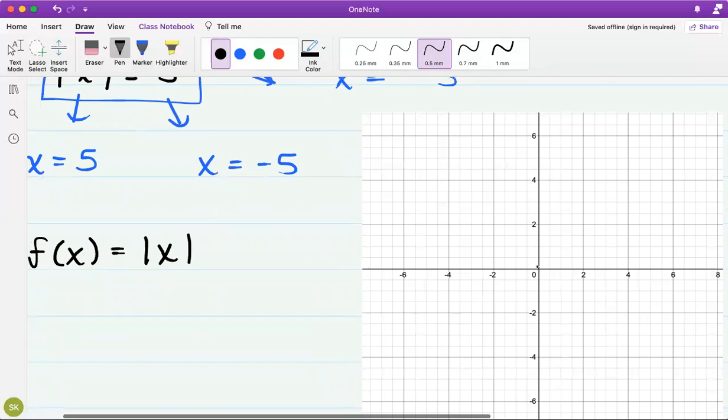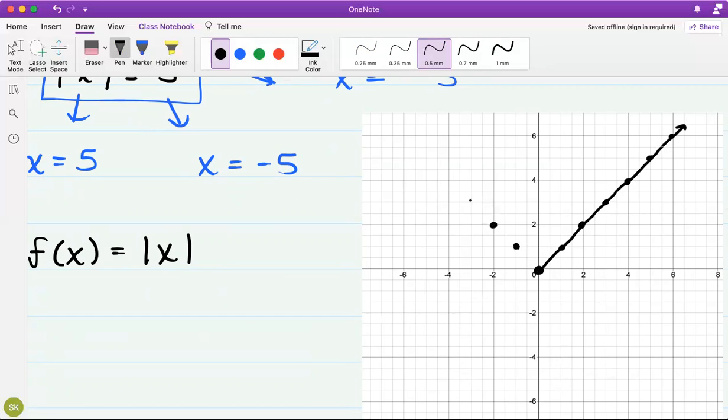It goes through the origin 0, 0. It goes through 1, 1, 2, 2, 3, 3, 4, 4, and so on. And it also goes through -1, 1, -2, 2, -3, 3, and so on. So it's a perfectly shaped V.